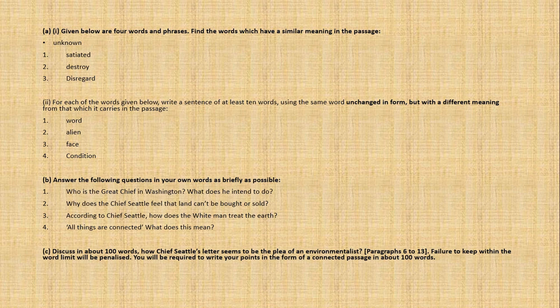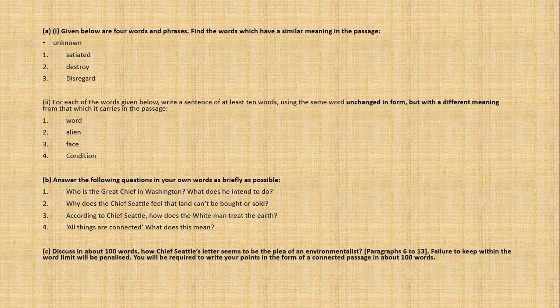So you have to use the words unchanged in form, meaning you cannot use alien as aliens, or face as faced, faces, facing, anything, condition as conditions, etc. You cannot change the form of it. You have to use it exactly in the same form as given, but with a different meaning from that which it carries in the passage.